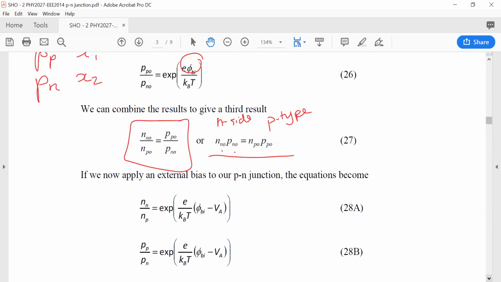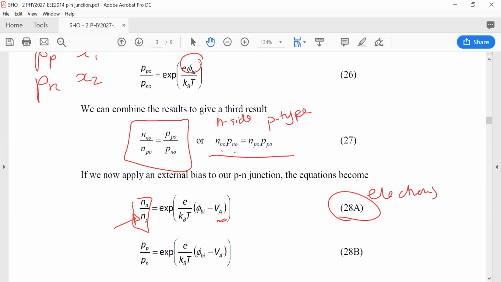A is for electrons and B is for holes. You can see, if we just look at the case for electrons here, this is electrons in 28A, that what we're showing is that if you have a positive voltage, V_A, which is applied, in other words, you're in forward bias, then the ratio N_N over N_P here is going to decrease, and that is showing you that the minority carrier concentration here, N subscript P, is increasing.